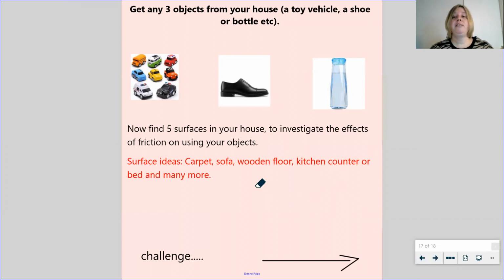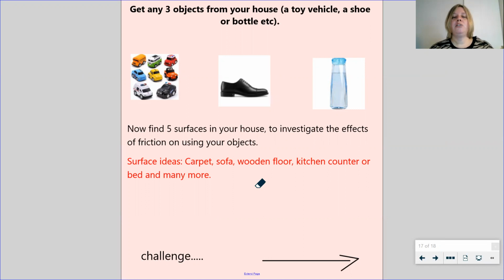These are some of the different surfaces in my house: carpet, sofa, wooden floor, kitchen counter, bed. You may have some different surfaces in your house that you are able to use in your investigation.